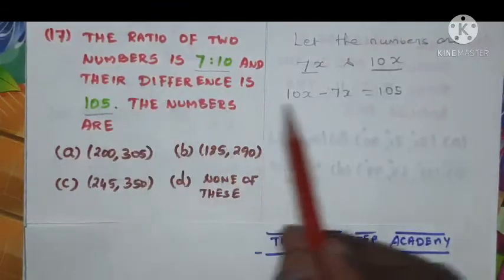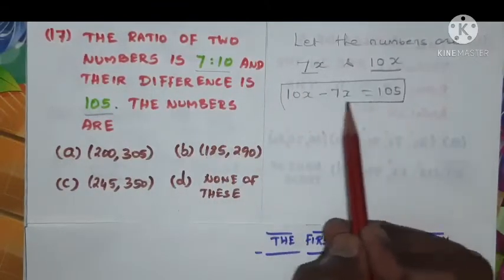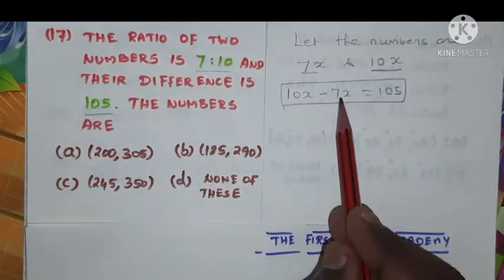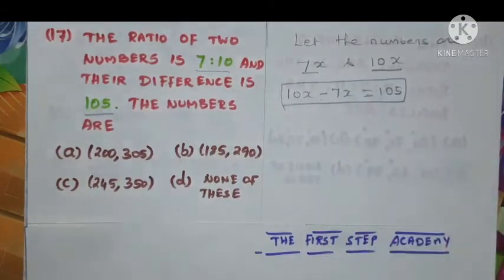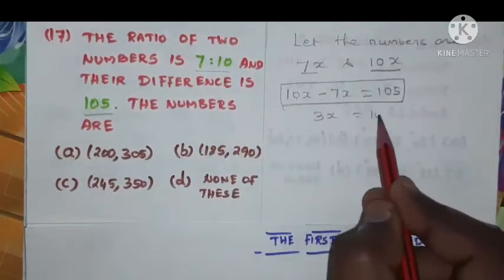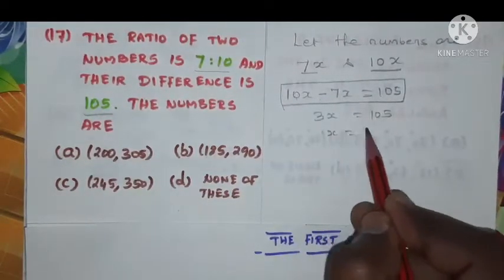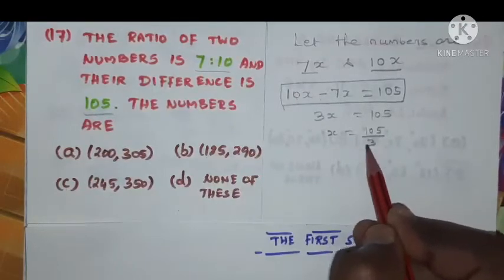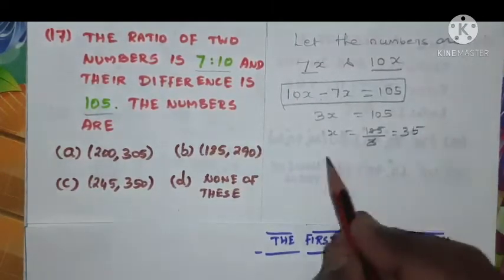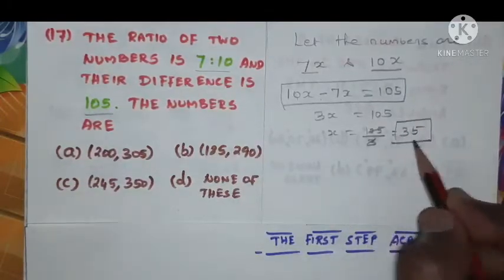The meaning of this statement is this: 10x minus 7x is equal to 105. They mention only the difference, hence 10x minus 7x is equal to 105. Now 10x minus 7x is 3x, which is equal to 105, where x is equal to 105 by 3. By cancelling this, 3 3s are 9, 5 3s are 15, so x is 35.